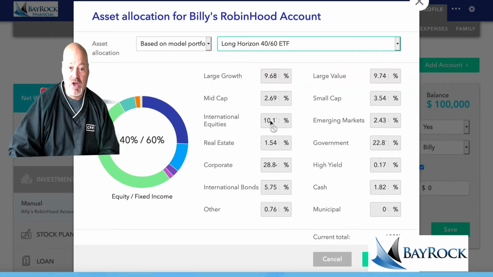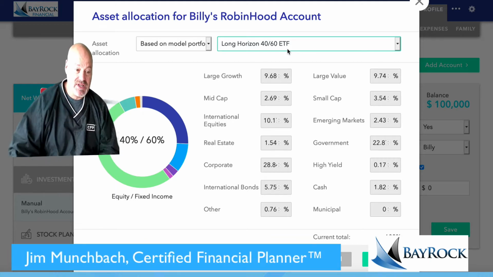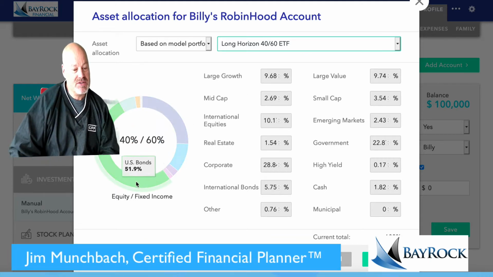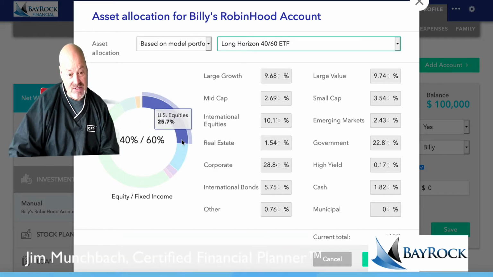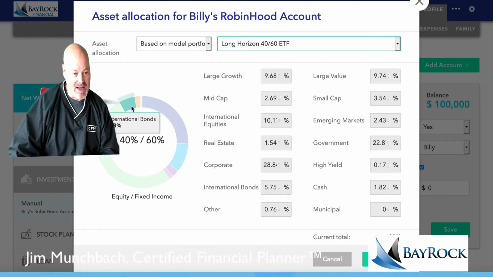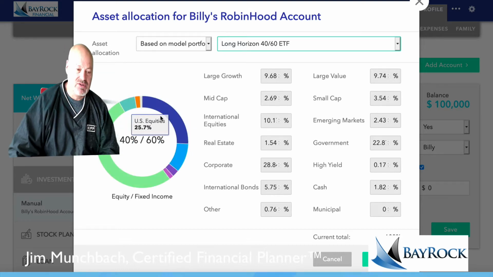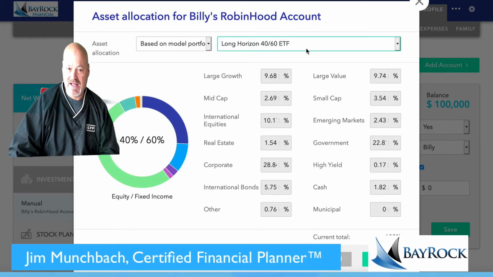For example, a 40-60 ETF means it's 40% bonds, 60% equities, and those equities are spread out over international, large cap US equities and so on. And you can see that as you go through these.